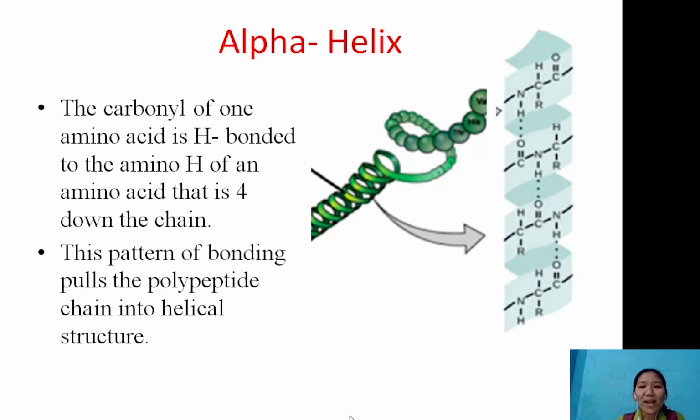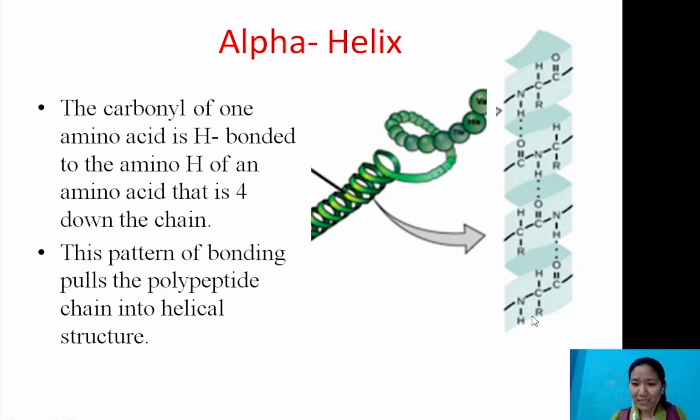In this case, the carbonyl of one amino acid is hydrogen bonded to the amino H of the amino acid that is 4 down the chain. Just look at here. The carbonyl group, carbonyl CO, is bonded with the amino group.